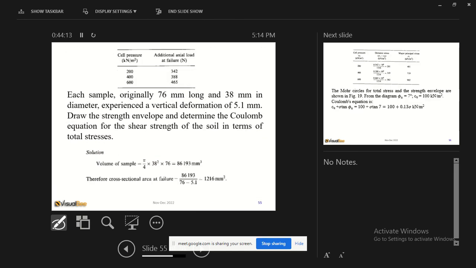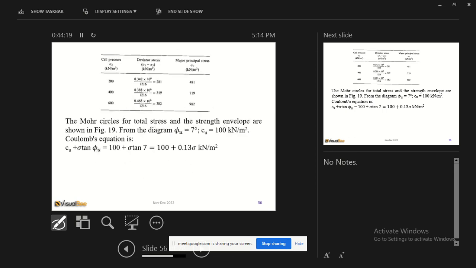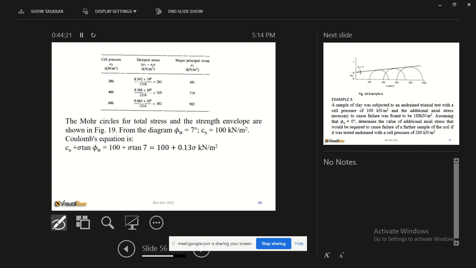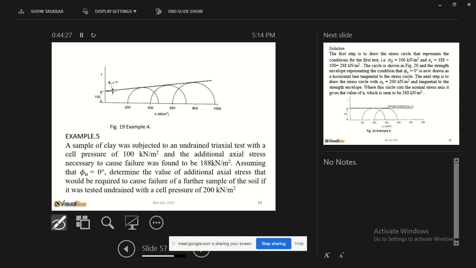So this is some test for you and some solution. You should also pay attention to how it's solved. This is the condition I was telling you. So this is normally from what we call the UU test, unconsolidated undrained.